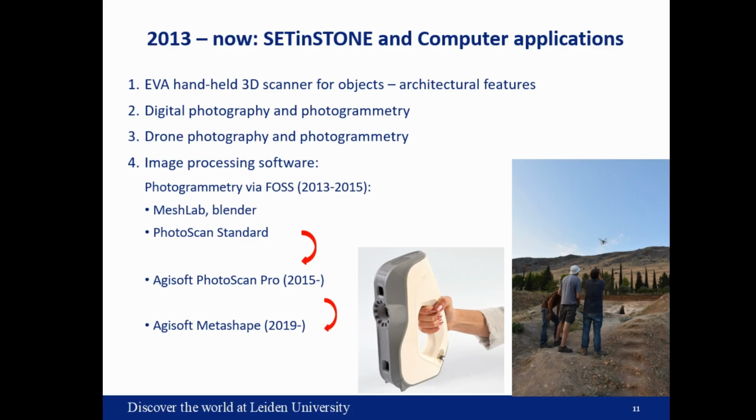And the FOSS aspect sat in the processing of the images. So we started out with the photogrammetry by using MeshLab and Blender, which are free software that you can download, combined with Photoscan Standard, which was very cheap at the time. It was 90 euros. So as open access as possible, or as fast as possible.